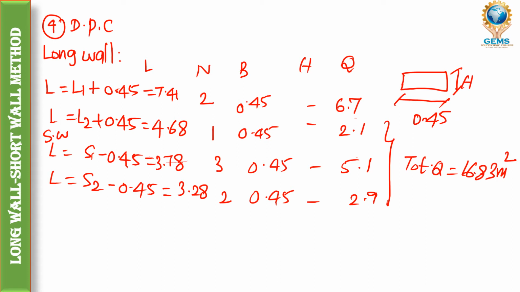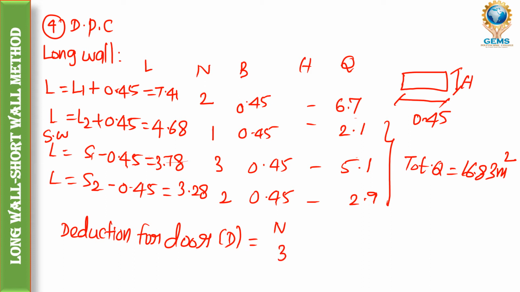After that, what we need to do, the same as we have already seen: we need to deduct for door. So D equals N, the number of doors, which is 3.